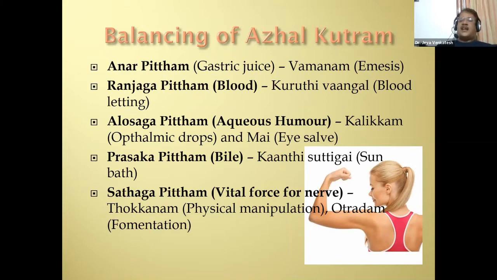Disorders of bile, that is Prasaka Pittam, are treated with sunbath. And the fifth branch of Pitta, that is the vital force, Sadhaka Pittam, we can treat with physical manipulation, that is massage and fomentation.